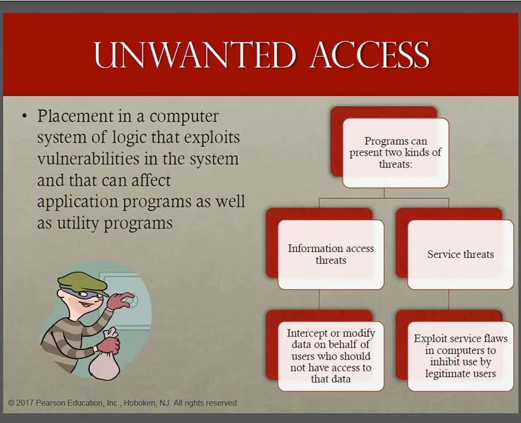Another type of unwanted access is the placement in a computer system of logic that exploits the vulnerability in the system, and that can affect application programs as well as utility programs such as editors and compilers. So the programs can present two kinds of threats here. The first one is the information access threat, and the second one is the service threat. The information access threat intercepts or modifies data on behalf of users who should not have access to that data.